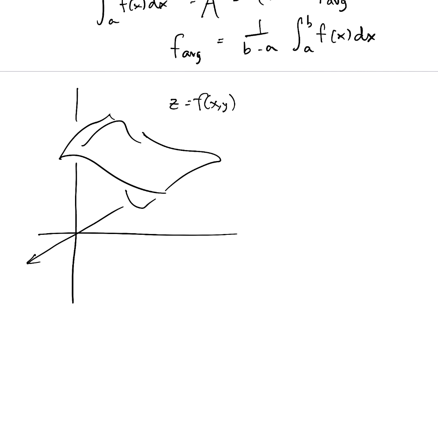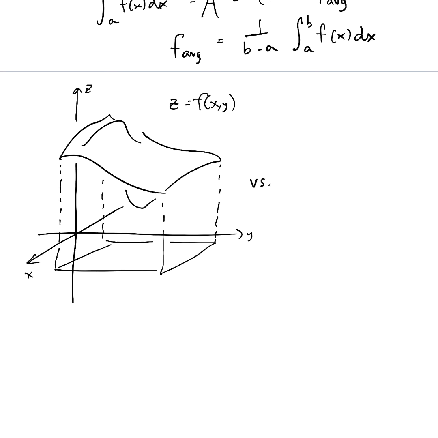And you're imagining it as floating over some region like this. So there's the region over which the surface floats. And you can see it's tall at some spots and it's shorter at other spots. That's y, that's x, that's z, like usual. And you could find the total volume under that surface.